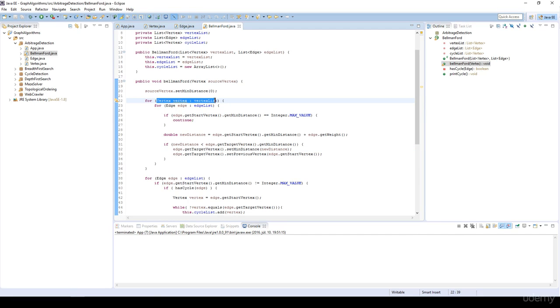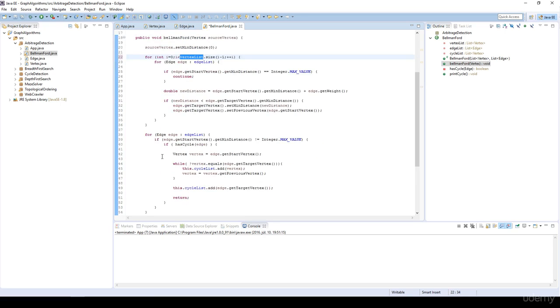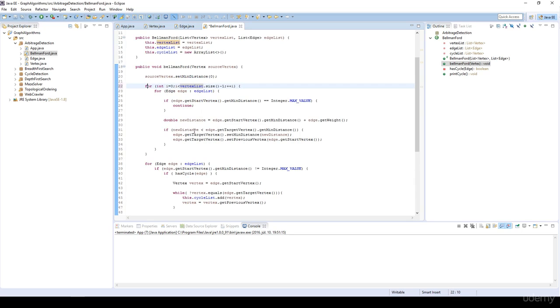A bit better solution would be to have the integer i equal to 0, i less than the vertex list dot size minus 1, because this is what we have been discussing in the theoretical section, that we make V minus 1 iterations where V denotes the number of vertices, because the V-th iteration is in order to check whether there's a cycle or not. But anyways, if you iterate through all the vertices, there's not going to be an error, it's going to work fine, but there's no point in making the last iteration, so maybe it's a bit better.